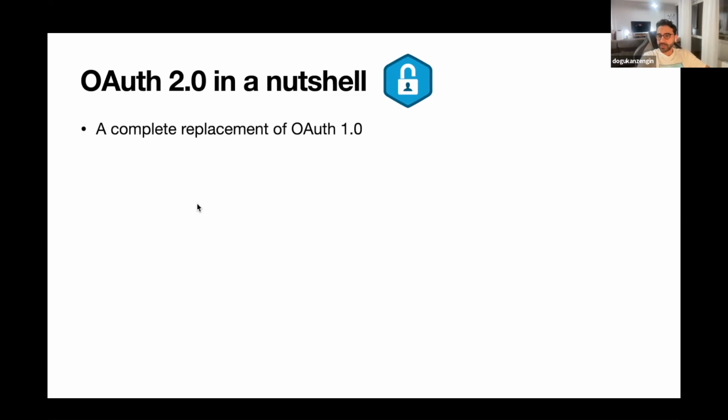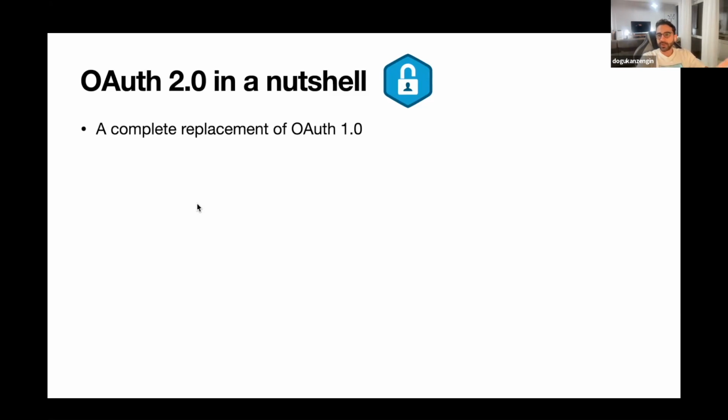So we have OAuth 1.0 and OAuth 2.0. OAuth 2.0 is a complete replacement for OAuth 1.0. In the beginning, there was only OAuth 1.0, which was focused mostly on web application clients, because at that time there were no mobile clients, and web usage was lower than these days.